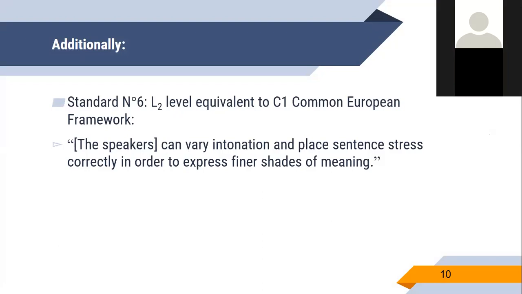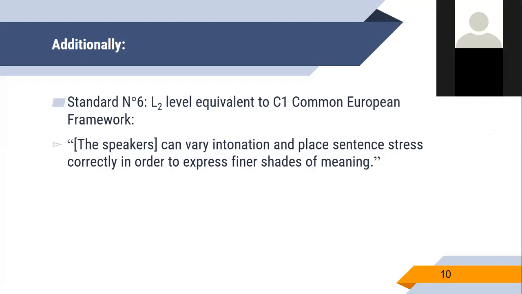Now, standard number six makes reference to the level of English that teachers have got to be able to achieve. And we all know that that is a level equivalent to C1 according to the Common European Framework. Now, what does this Common European Framework of Reference say about pronunciation?